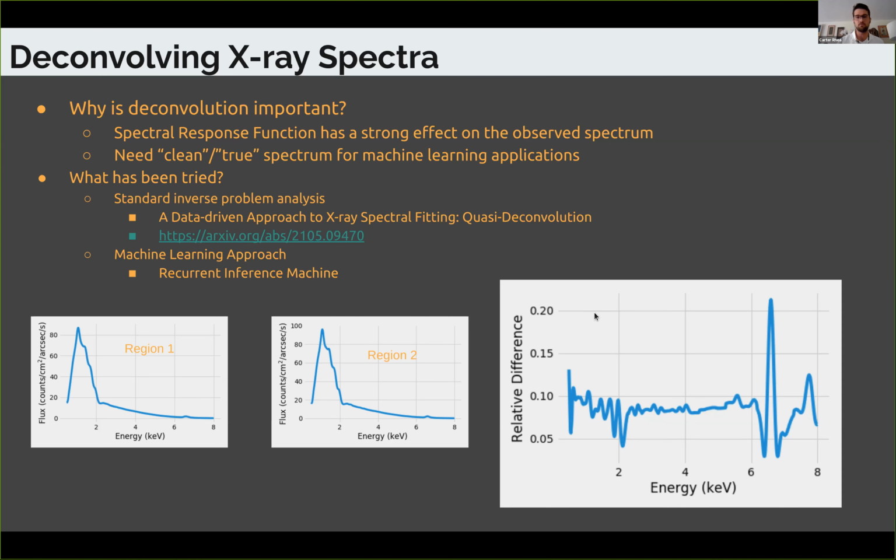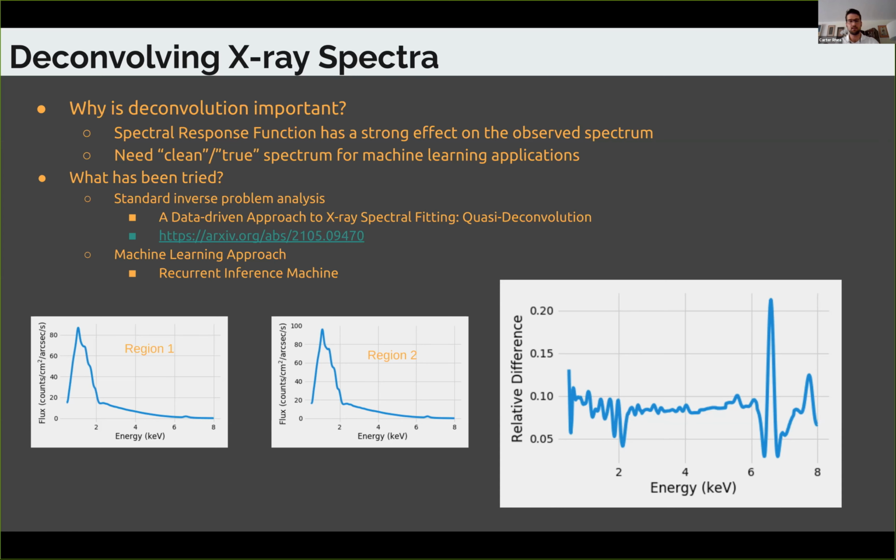We have a research note on that called Data-Driven Approach to X-ray Spectral Fitting, Quasi-Deconvolution in the archive. And the main reason we wanted to do this deconvolution in the first place was to use these spectra for a machine learning approach. So we thought, well, if we want them for a machine learning approach, why don't we try a machine learning approach to deconvolve the spectrum? And that's exactly what we've been doing.